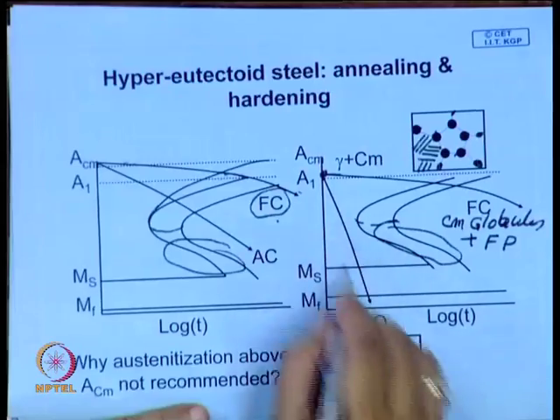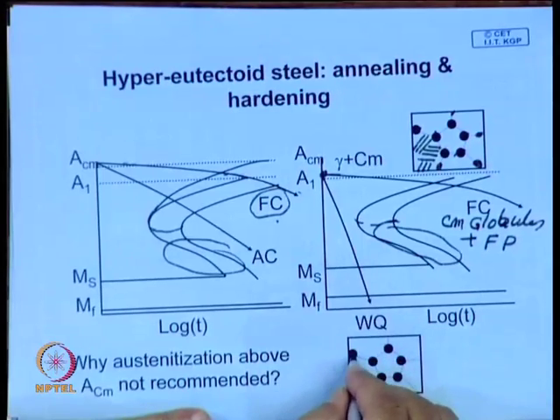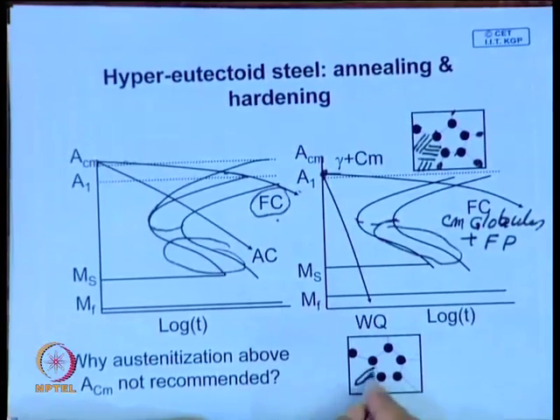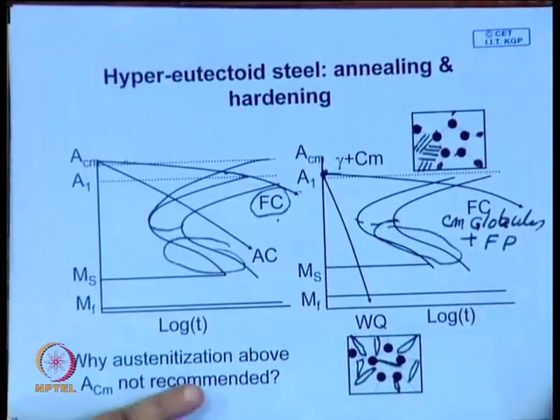Second, if you water quench from here, there are also advantages: these cementite globules will not allow the austenite to become coarse, and the balance will convert into martensite, plate martensite. Additionally, if you have cementite particles, they will give wear resistance.